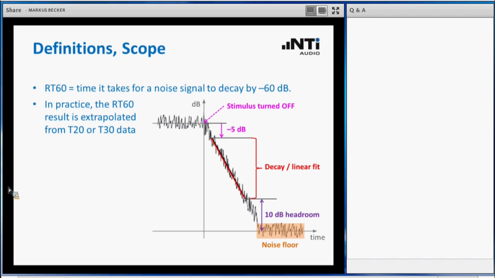Talking about T20, that means we just measure the decay over 20 dB from the moment we start the measurement, and we evaluate the time it takes for these 20 dB to decay. By this value, we can calculate the RT60 result very easily by just extrapolating this T20 result. T30 is the same, just in that case we would wait for 30 dB decay and measure the corresponding time.